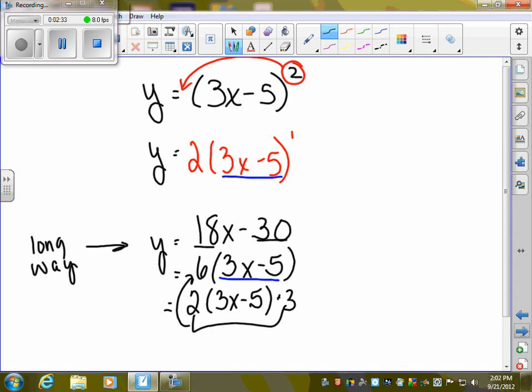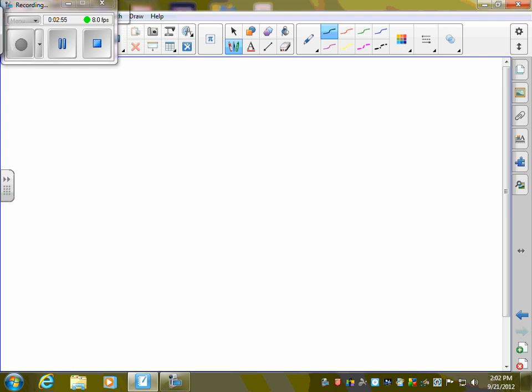So it looks like we can use this same idea of pulling our power down to the front and dropping the exponent down, but then we get this extra times 3. Where's that coming from is what we're trying to figure out. Let's look at another one and see if we can figure out where we're getting that extra value from.